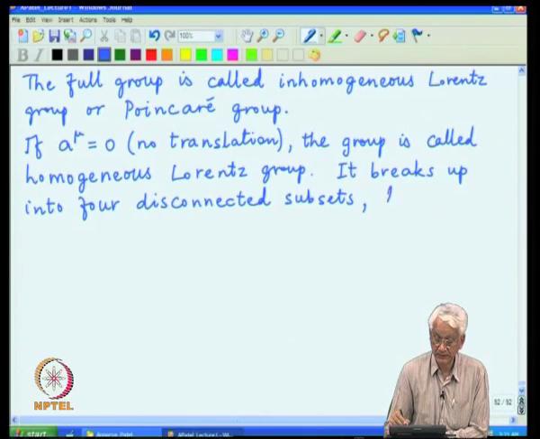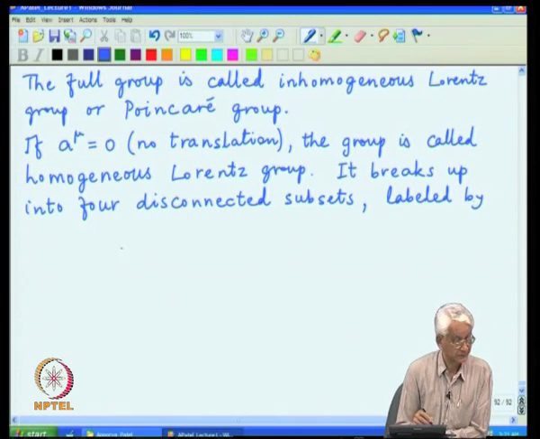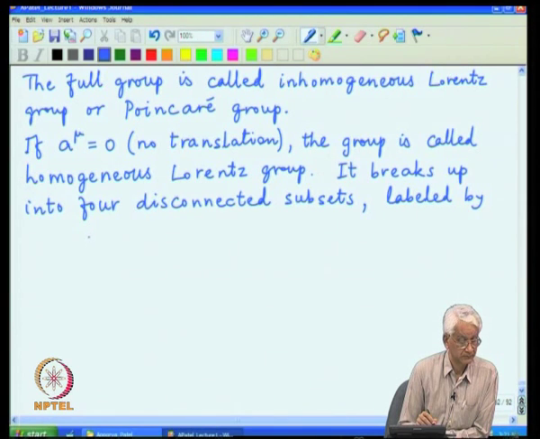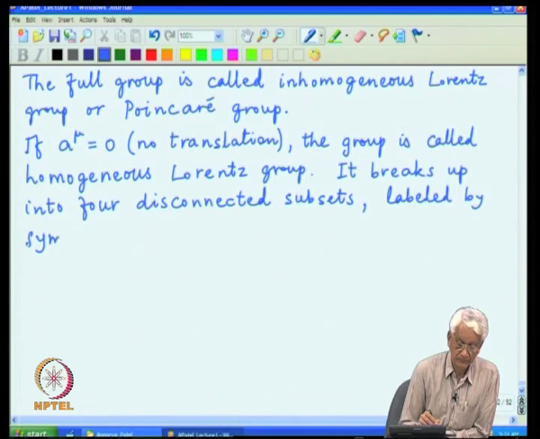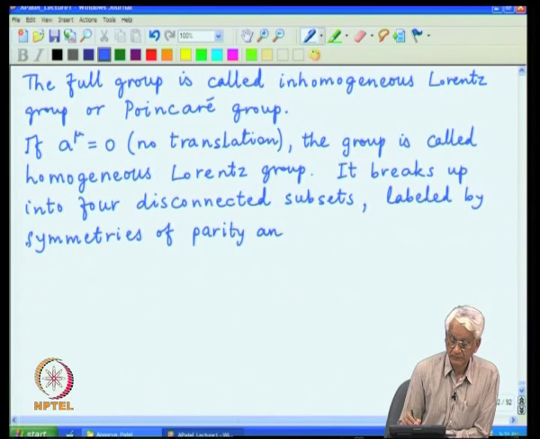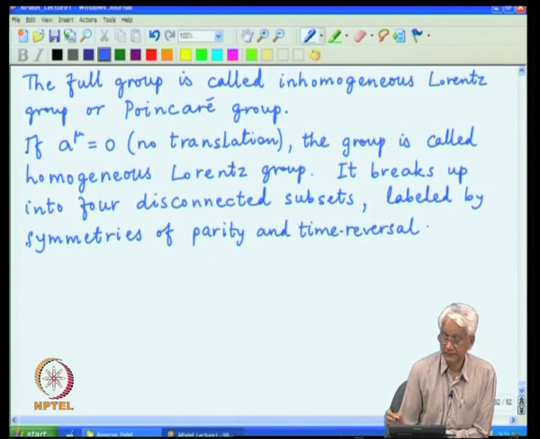labeled by the symmetries of parity and time reversal.